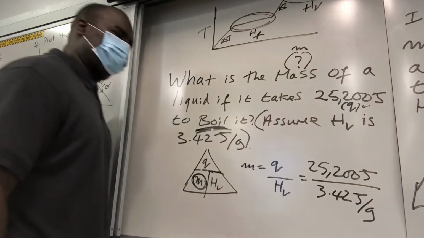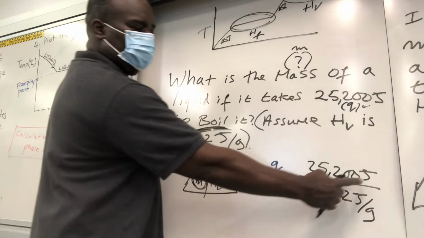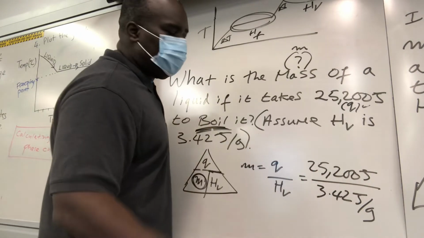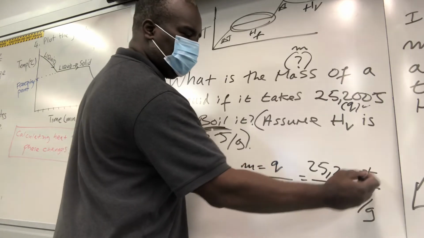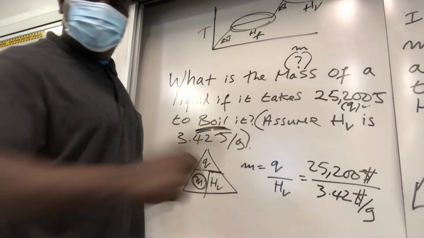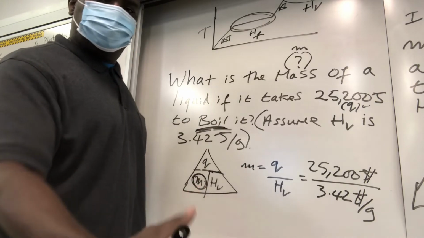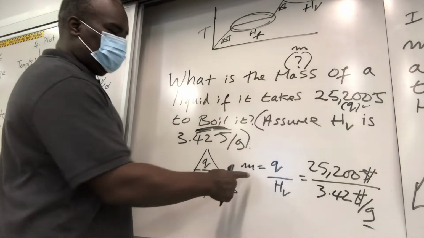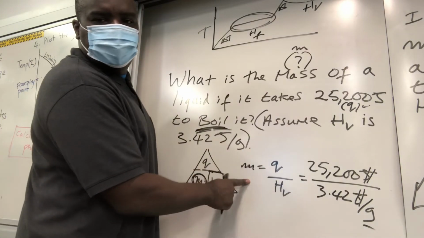All right, take a breath. We notice that the joules and the joules cancel out. Keep saying over and over again, use your units. Because when you see they cancel out properly, you can assume you're on the right track. If they don't cancel out properly, you go back and you fix it. What are you left with? You're left with grams right here, and since we're looking for mass, that makes sense.